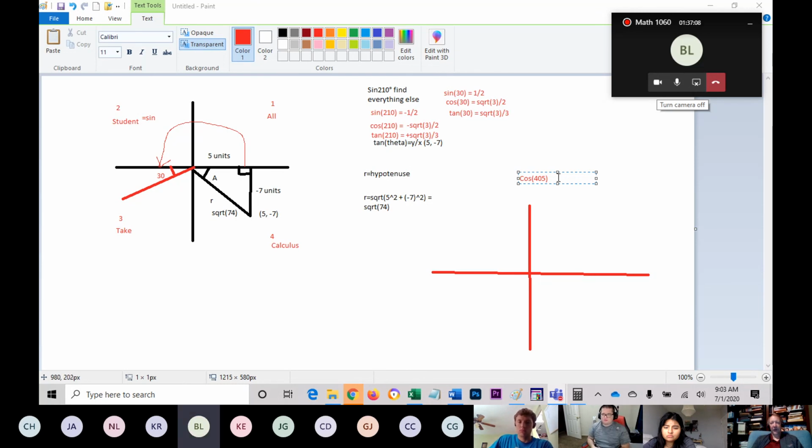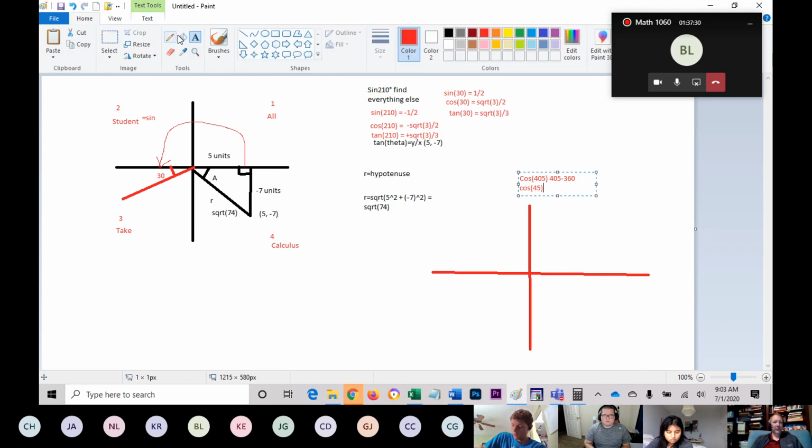Plus the difference of 360 and 405, which is 405 minus 360, would be 45. So really all we care about is the cosine of a 45 degree angle, right? That will be our reference angle because we've gone all the way around and now we're at 45. So that's nice.